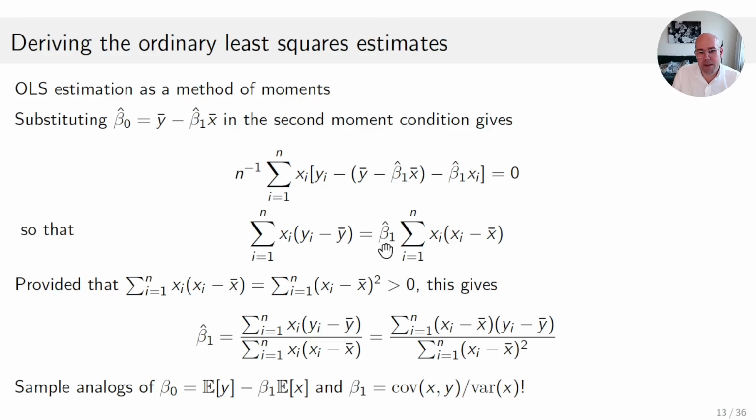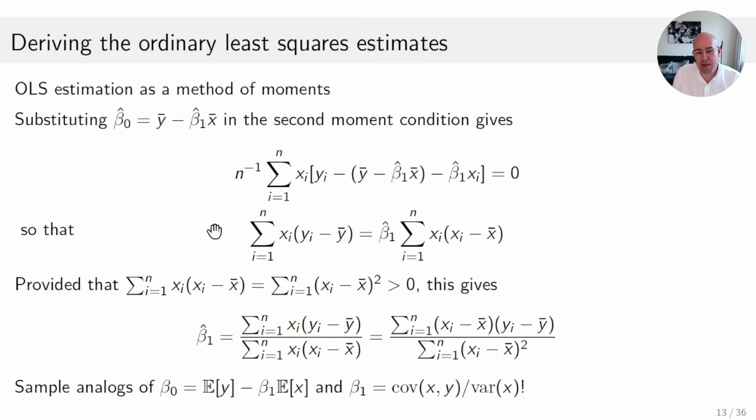So therefore I have here beta 1 hat times xi minus x bar. And then the other one left is xi times minus beta 1 hat xi. That would be the xi times xi part here, which is pre-multiplied by beta 1 hat.